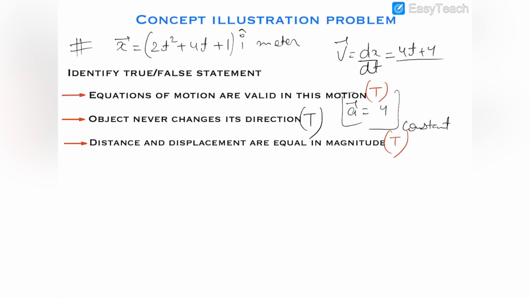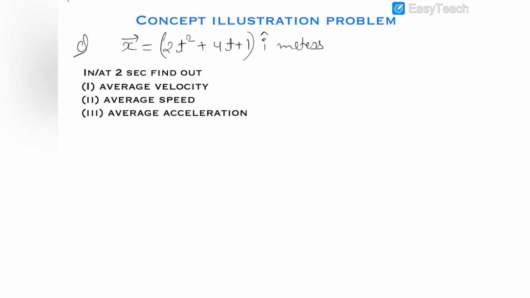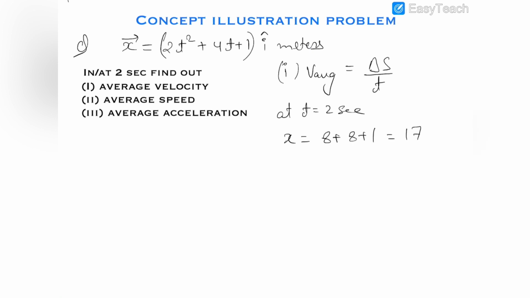So we have analyzed this problem. The formula of average velocity, V average, is displacement traveled upon time taken. Many students directly use the displacement upon time formula, which would be wrong. You can see that at t equal to 2 seconds, x will be 8 plus 8 plus 1, so x will be 17.